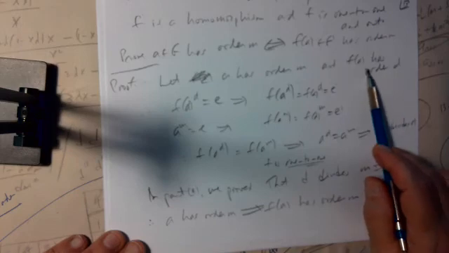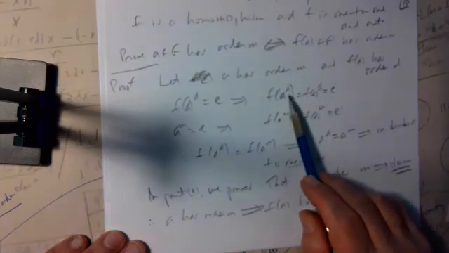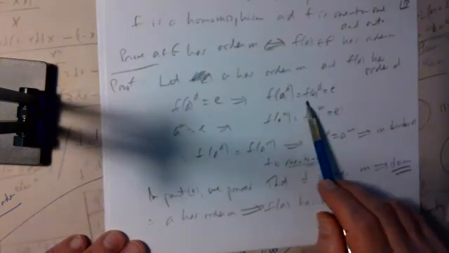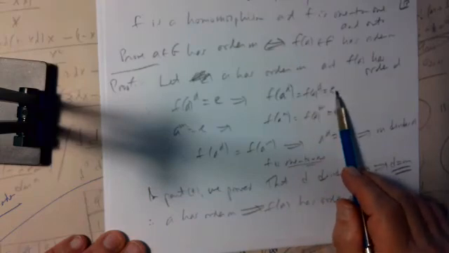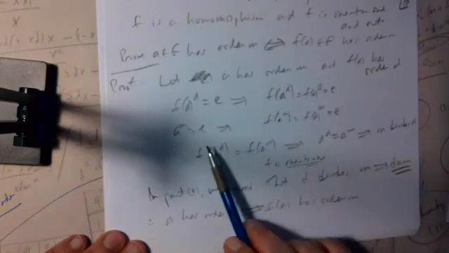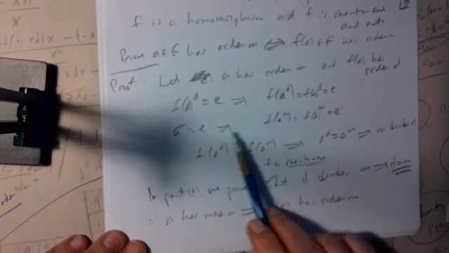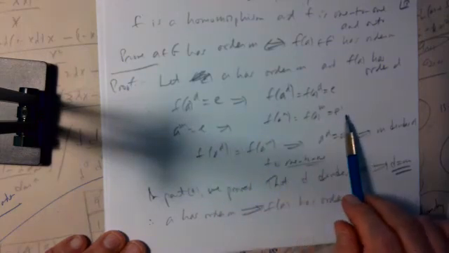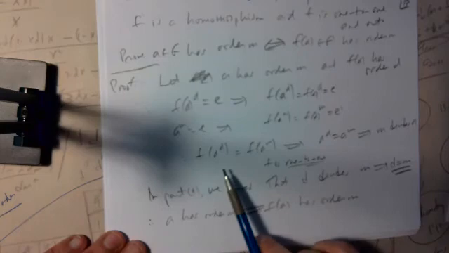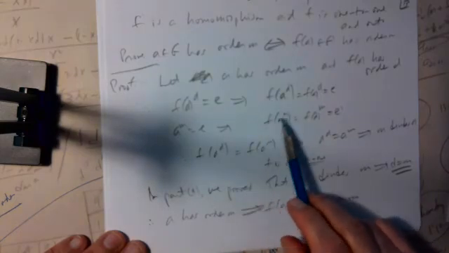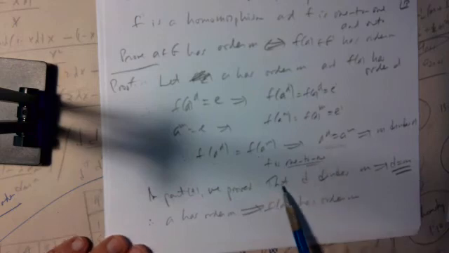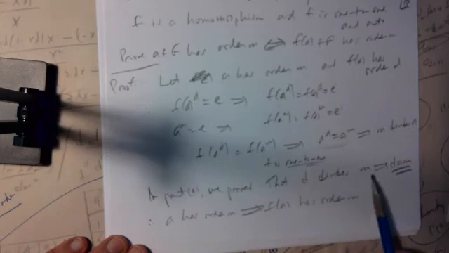So if we let d be the order of f of a, that means f of a to the dth power is the identity. But we know that if a has order m, then f of a to the m is also the identity. And because f is 1 to 1, a to the d equals a to the m, and m is the order of a, so m divides d, but we already knew that d divides m, so they have to be equal.